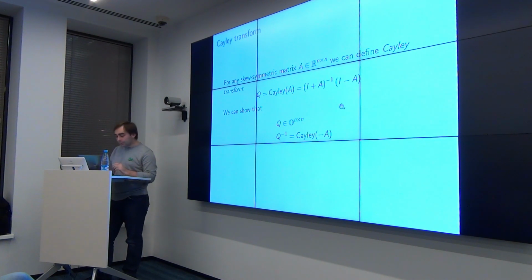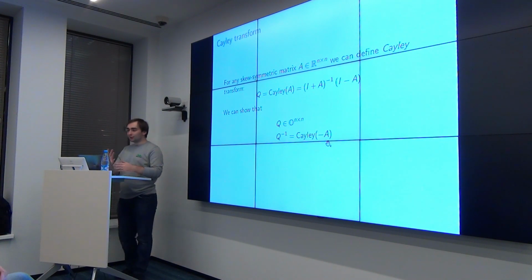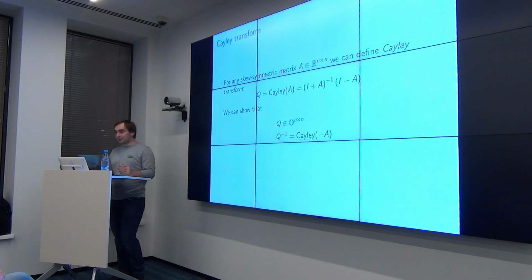You can prove that this matrix is orthogonal for every A, and we can compute its inverse as Cayley of minus A. What is skew-symmetric? You transpose the matrix and it changes the sign. In Russian, this is кососимметричная матрица.